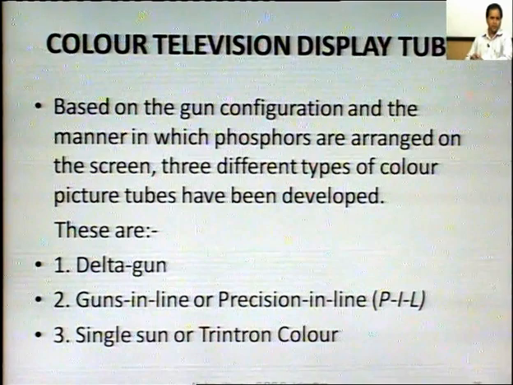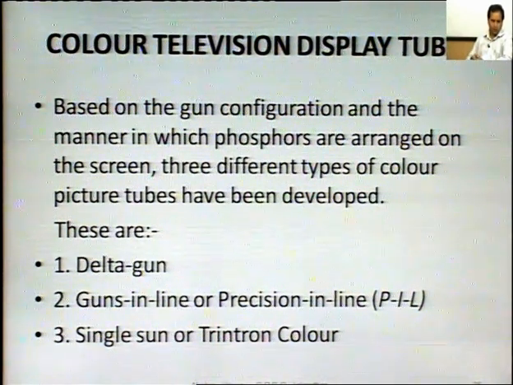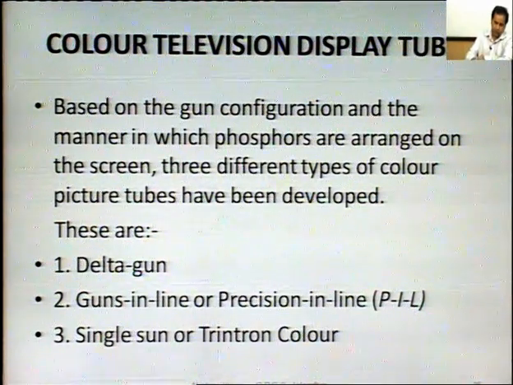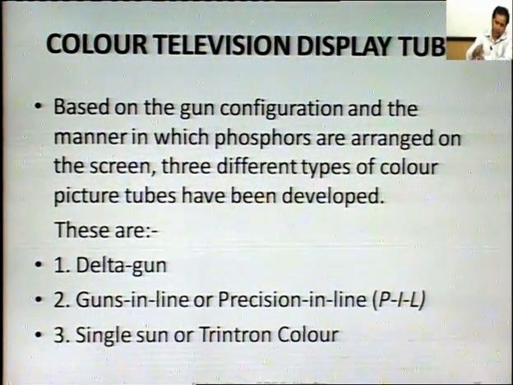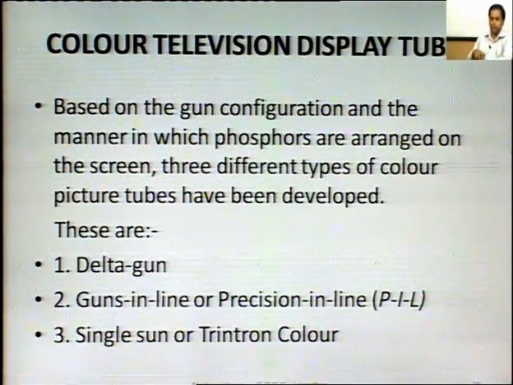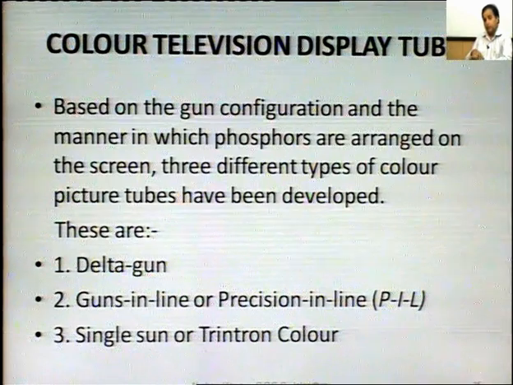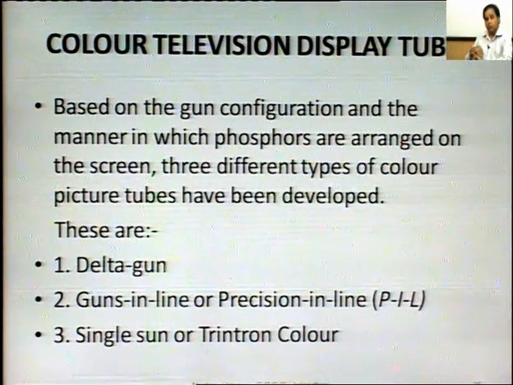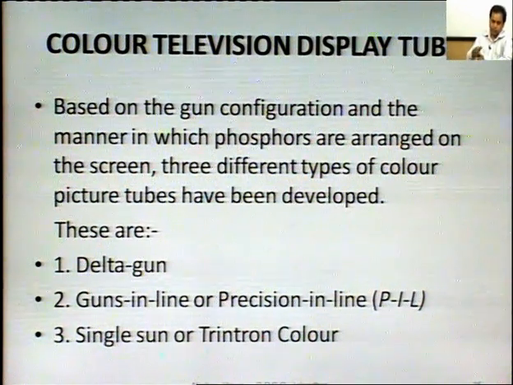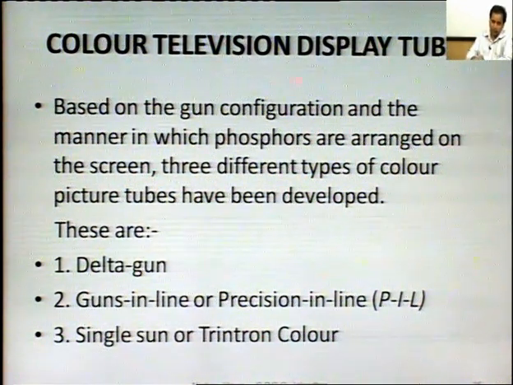These are the delta gun, the in-line or precision in-line gun, and the single gun or Trinitron color tube. The treatment of the signal is the same, the processing is the same. The only difference is how the three colors are arranged, and depending upon that they differ.